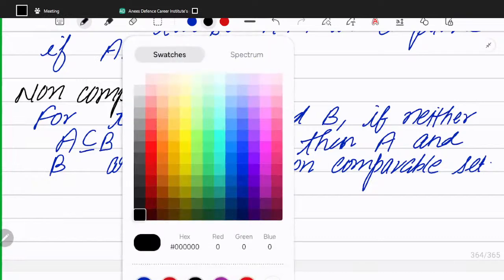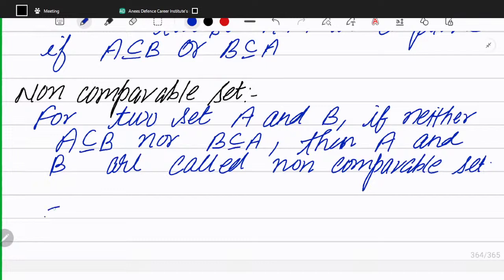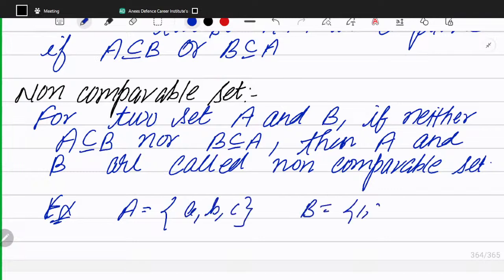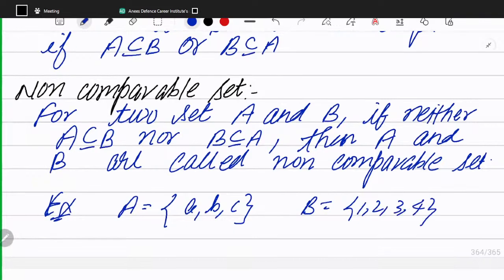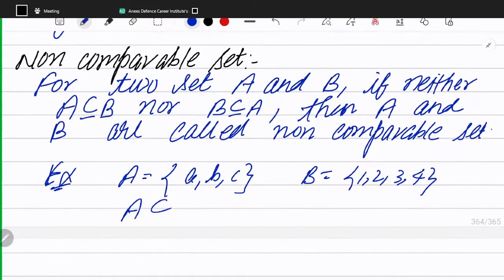Example, here A is neither a subset of B, nor B a subset of A. That means A and B are non-comparable.